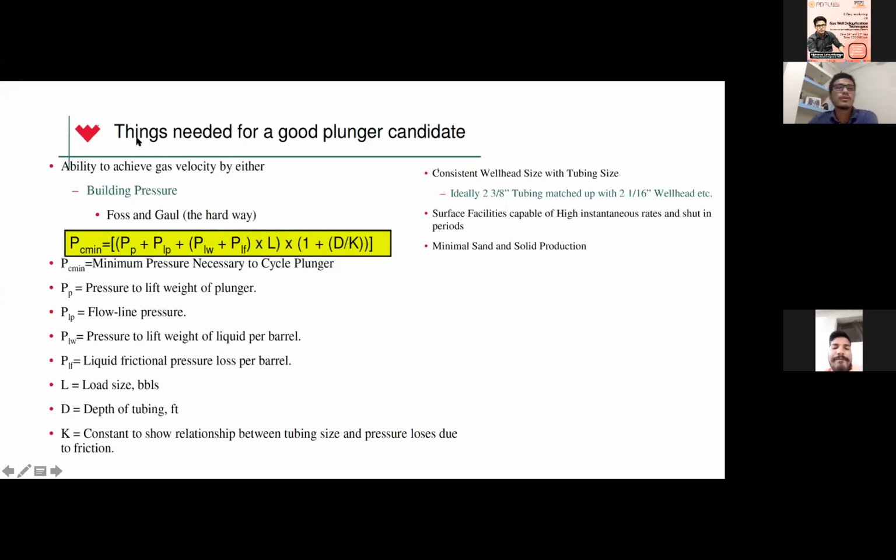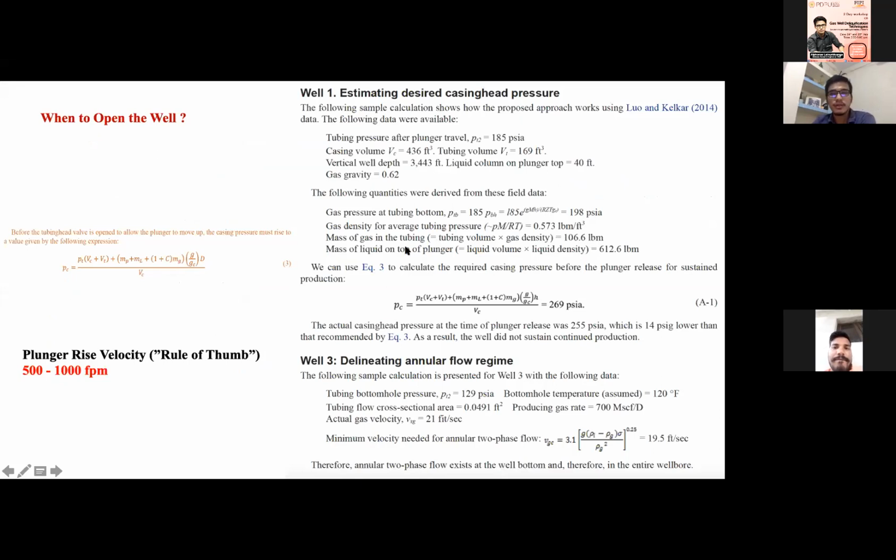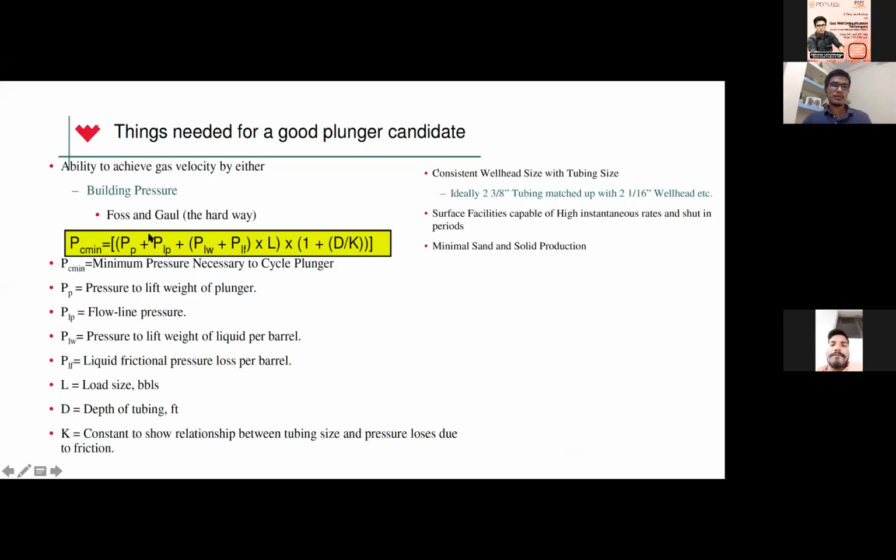So how will we know when to open the well? This is one equation which was modeled by Hassan from Texas A&M University, using the force balance model only.